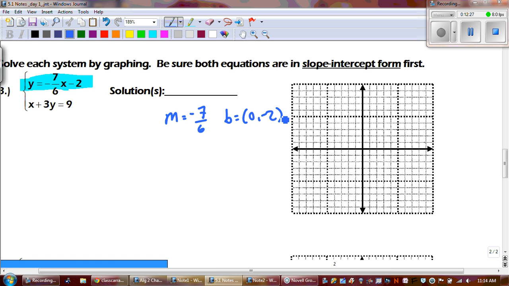Okay, so at 0, -2, I'm drawing my point. I go down 7, 1, 2, 3, 4, 5, 6, 7, over 6, and I'm going to do the same thing in the opposite direction. Be very careful counting your points, guys. Okay? It's very simple to make a little mistake.